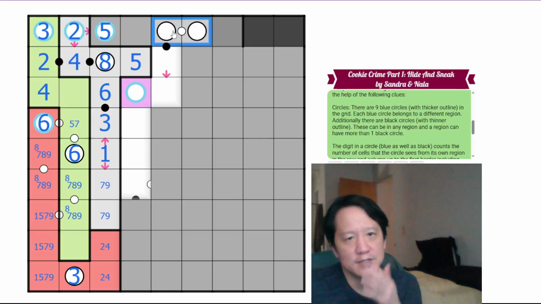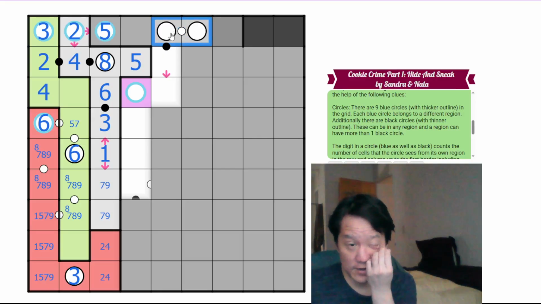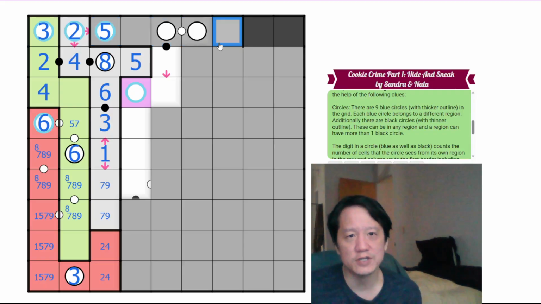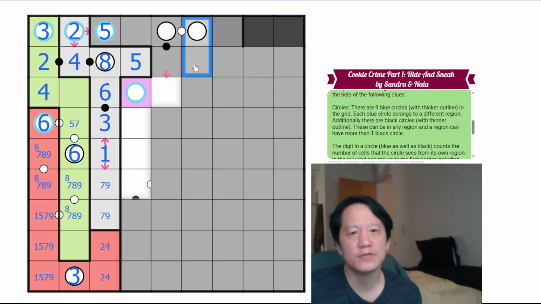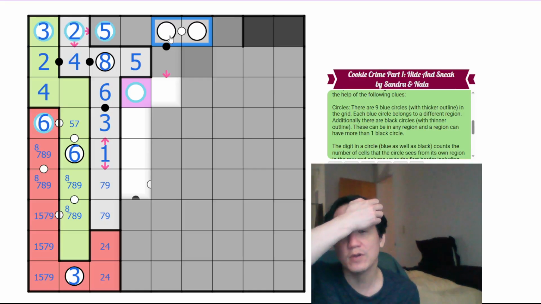These must not be 5, because they see already 5 cells in the region. So therefore this must be medium and this must be medium, because you have to see 2 of these at least. And then one of these sees more. And they're consecutive.